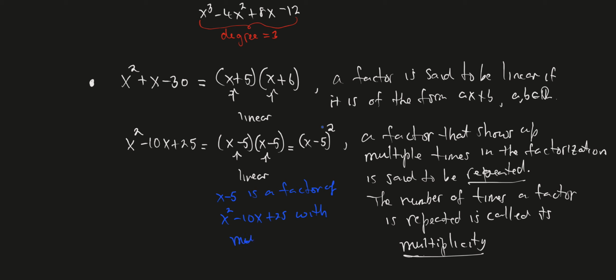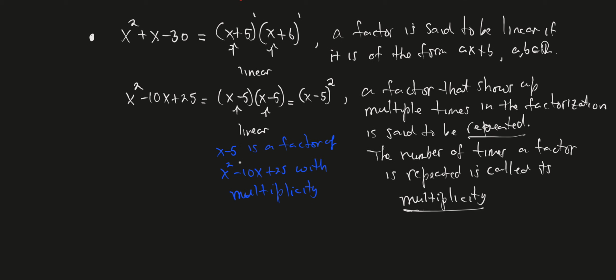And basically, it's that exponent that you can use to identify the multiplicity. But that requires a full factorization, and then if you have a perfect square like this is, then you have the 2 there. If it's a perfect cube, you'll have a 3 there, right? Now, if a factor shows up only once, if the multiplicity of a factor is 1, as in these two examples, we say that the factor is simple, right?